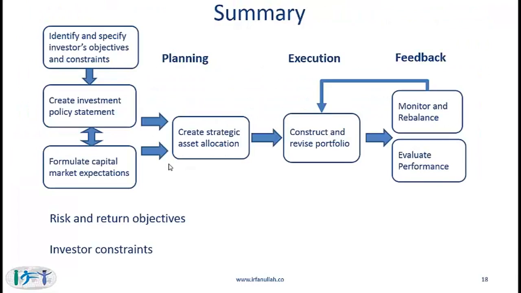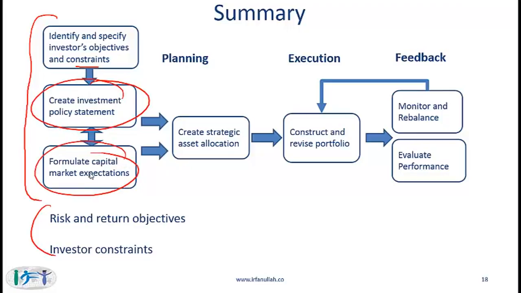All right, let's quickly summarize. Broadly speaking, we have covered two areas in this reading. One is the process. So you need to understand the process and the link between different aspects of the process. In planning, you define the objectives, both the risk and return plus the constraints. You come up with an IPS. You consider capital market expectations, and collectively then you create the strategic asset allocation.